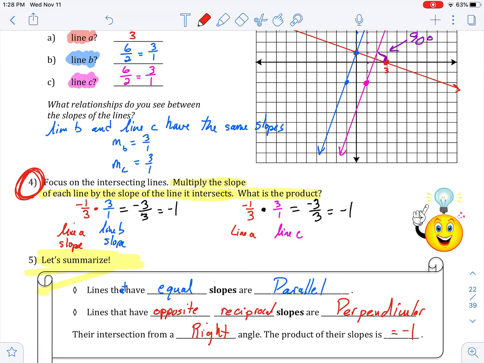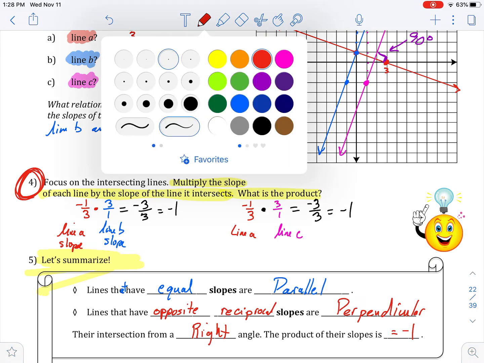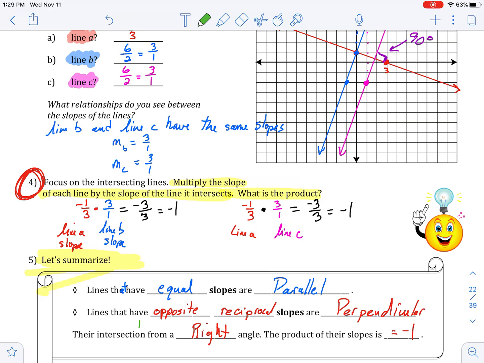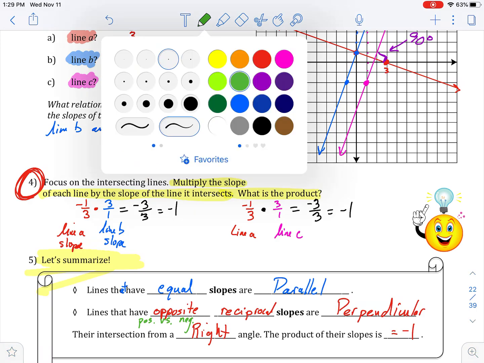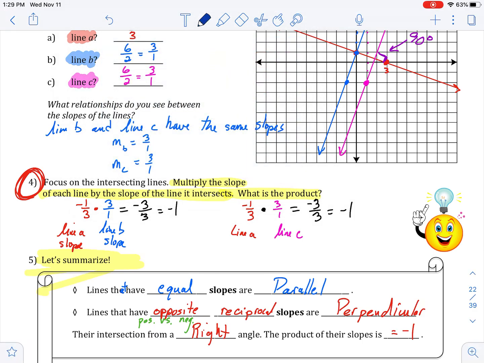We may have to talk a little bit in here about, I'm going to pick a color that will maybe differentiate this. Opposite is positive versus negative. And when we talk about a reciprocal, it's like A divided by B as compared to B divided by A. So you're going to flip the numerator and denominator.